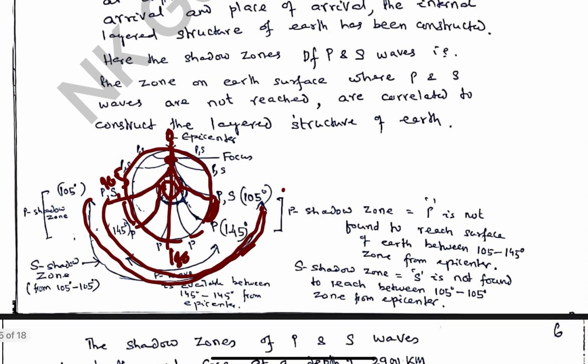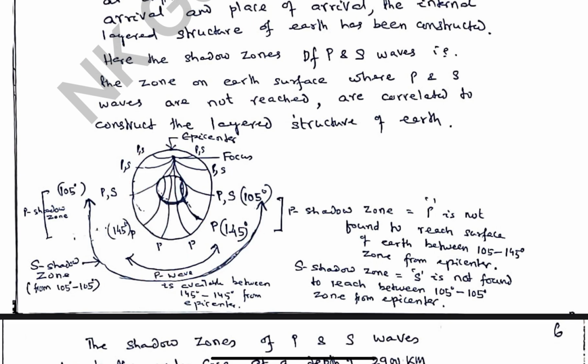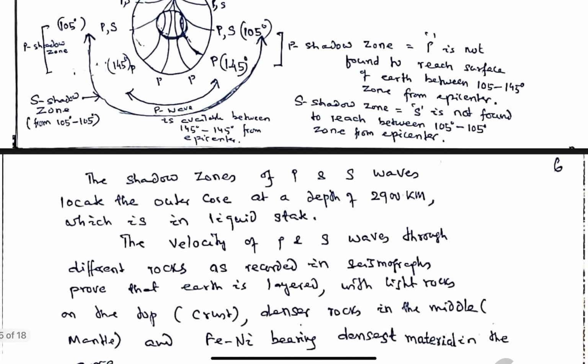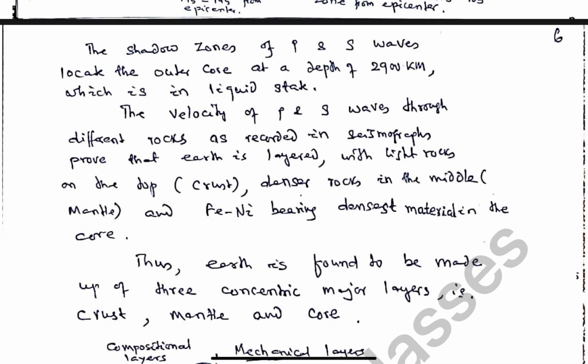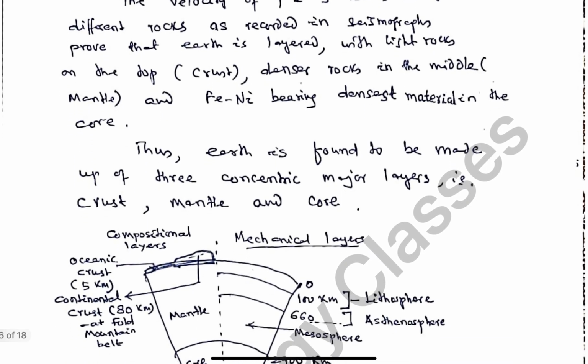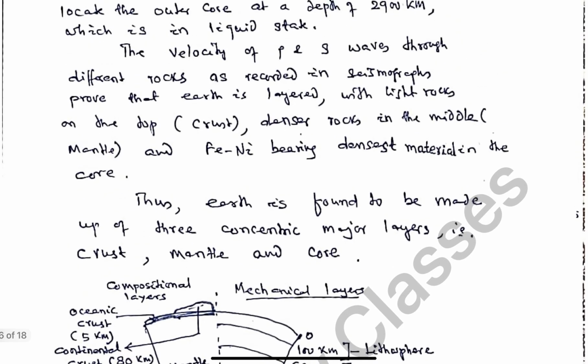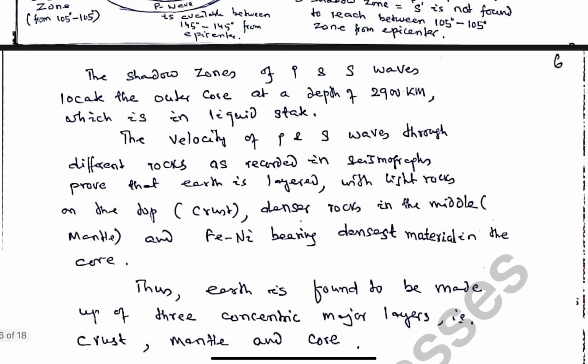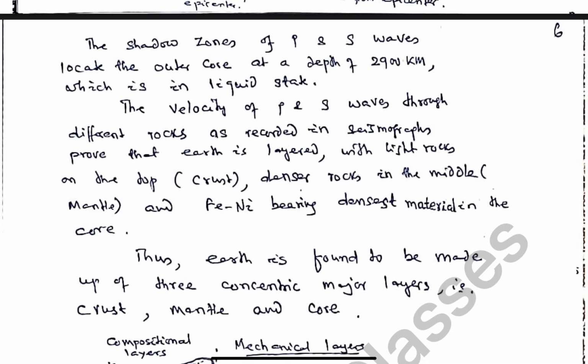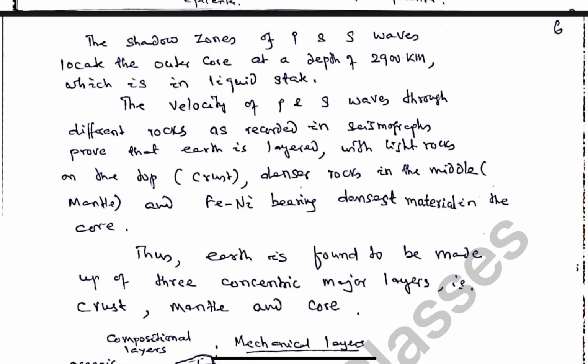And on the analysis of this data, the time of arrival of waves at the recording stations, the calculations have been made, and it is clear that the Earth presently has a layered structure, with the outer core in liquid state and the inner core in solid state, and the Earth is made up of 3 layers: the crust, which is the light layer, followed by a denser medium in the middle, which is the mantle, and the innermost layer is the core, represented by nickel and iron.